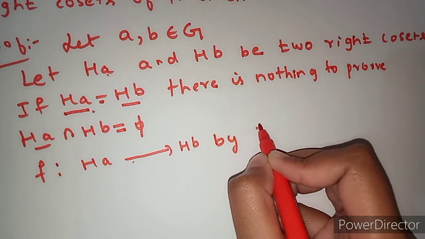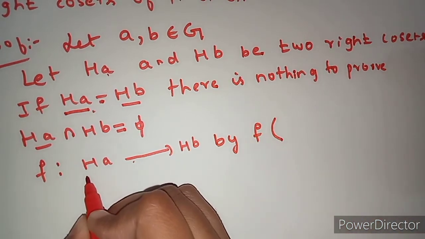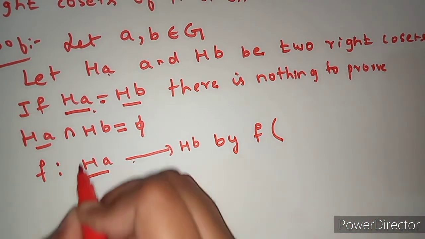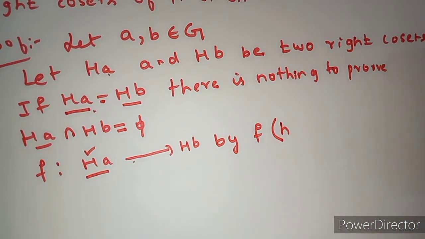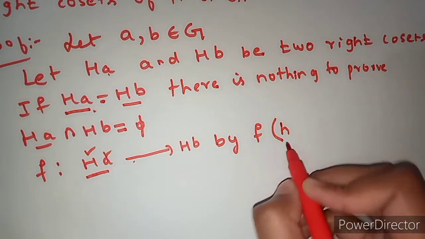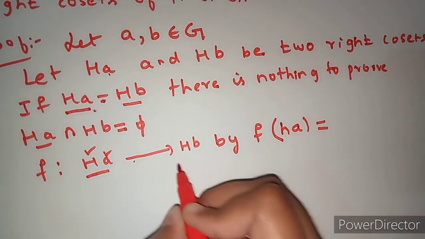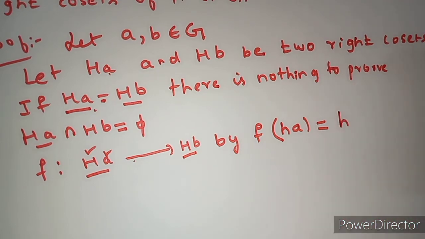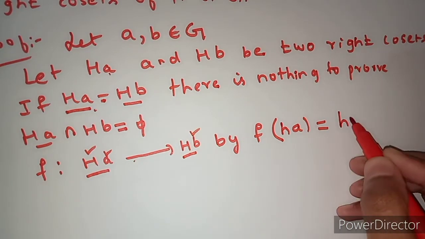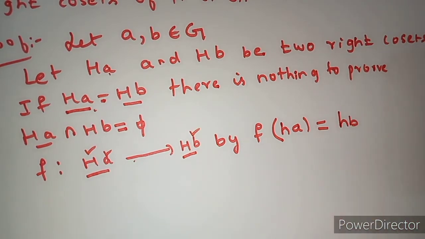By the mapping f, elements of the right coset will be in the form of elements of subgroup h, where small h belongs to capital H, and a as it is, is equal to, now in the codomain, elements of subgroup small h belonging to subgroup H, and b as it is.